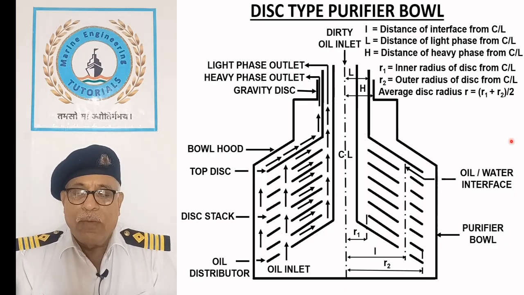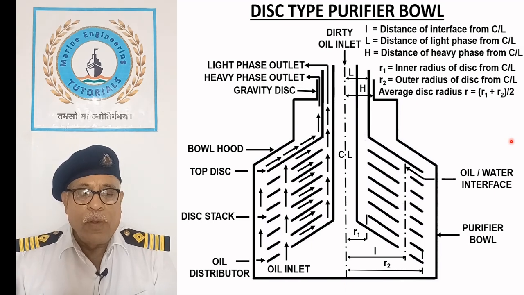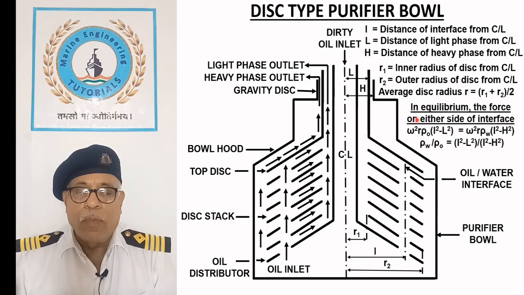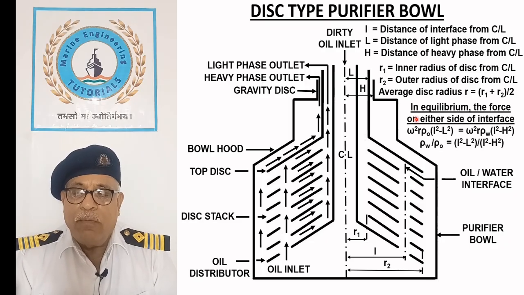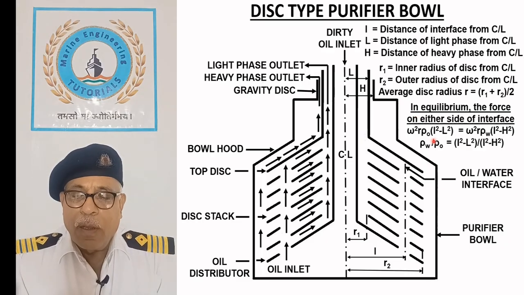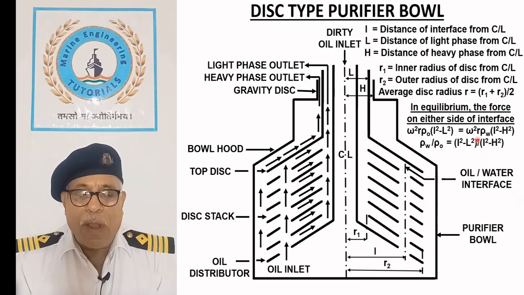Equilibrium equation for interface position. In equilibrium, omega square R rho O times (I square minus L square) is equal to omega square R rho W times (I square minus H square).